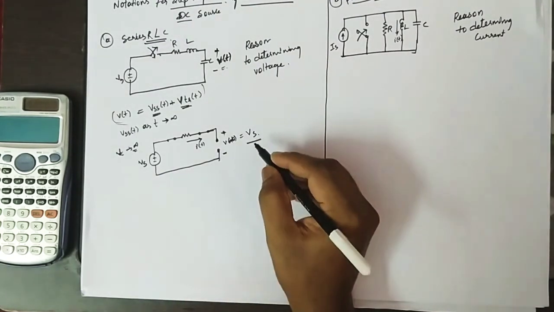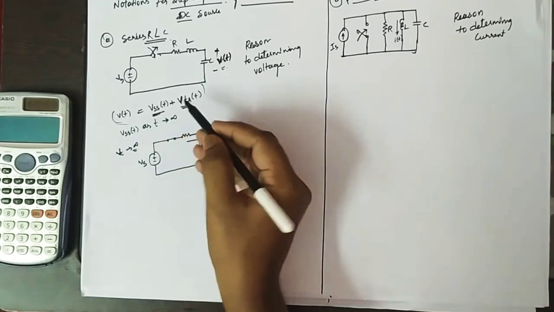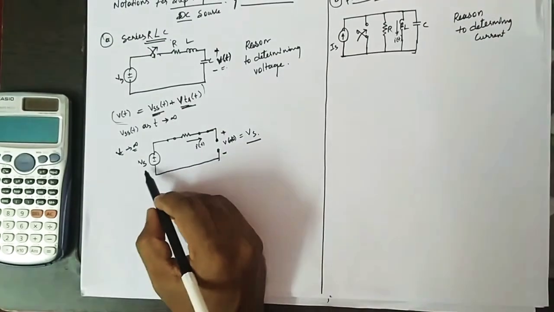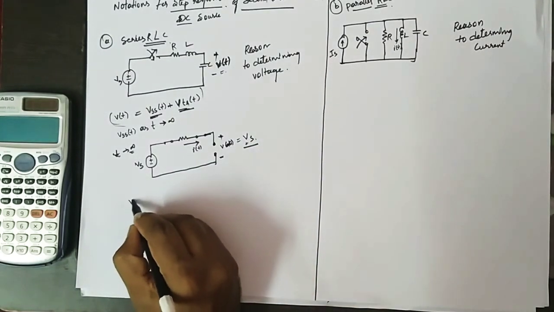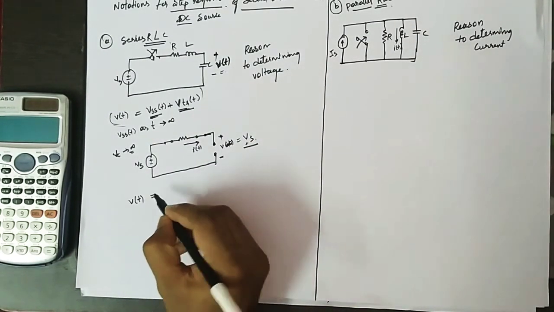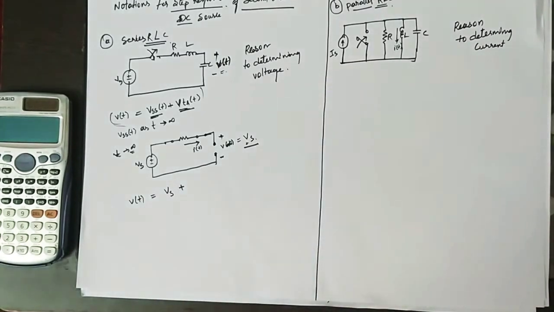So the response we get here is steady state plus transient. At t equal to infinity we got Vs, so the expression is v of t equal to Vs plus the transient response.